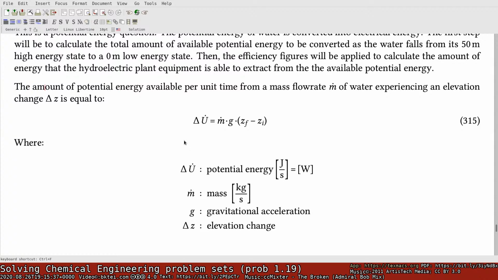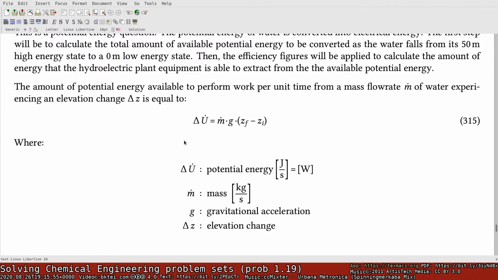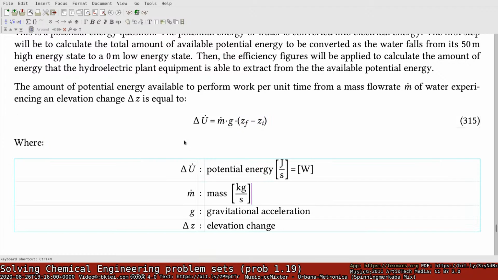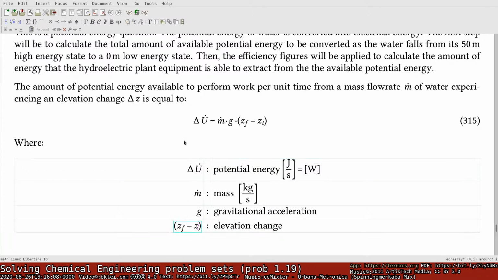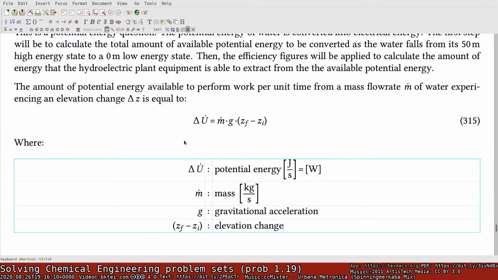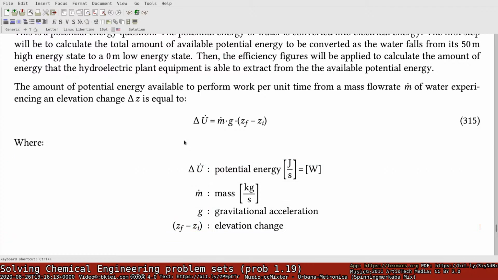So the amount of energy, the amount of potential energy available per unit time available to perform work is that. Okay, and let's just go ahead and do that. Z sub f minus z sub i, elevation change, and yeah, that should work with that.